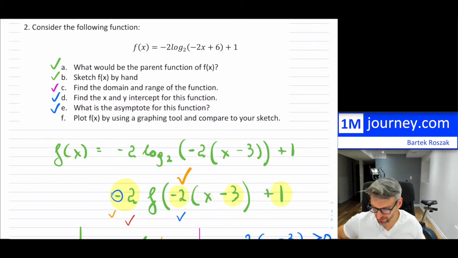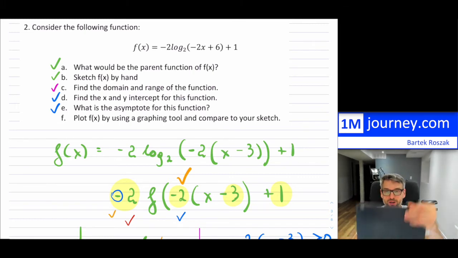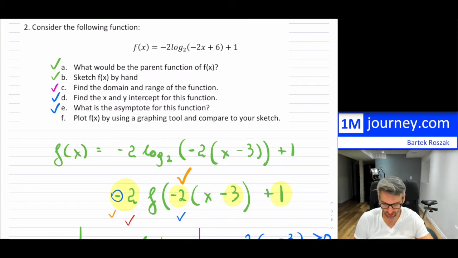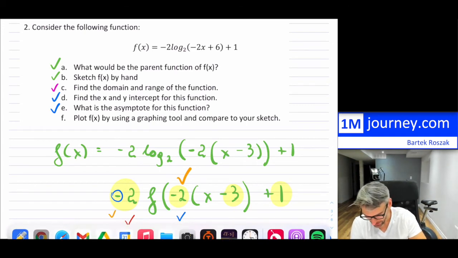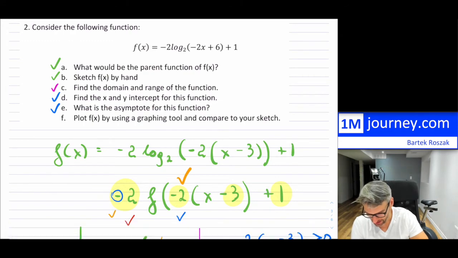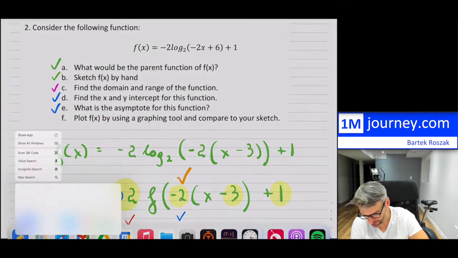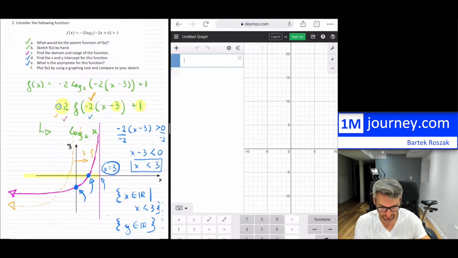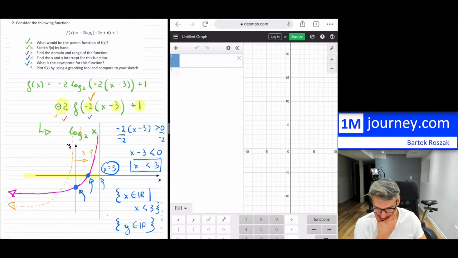And now plot f of x by using a graphing tool. So let's do that. I'm going to try to plot it and then see how close we actually were. Okay, so function.